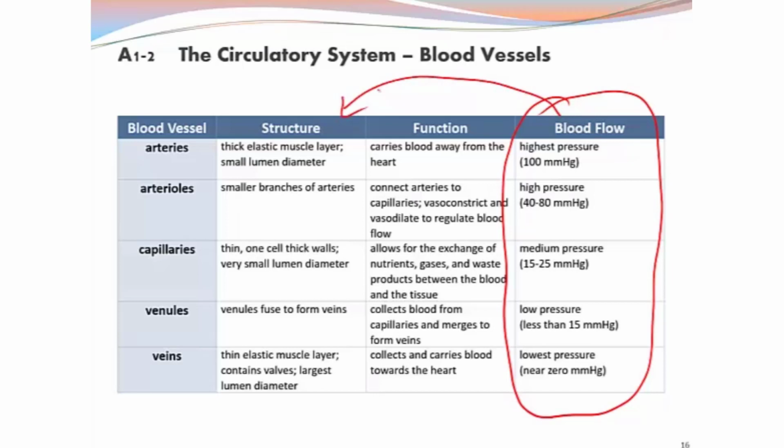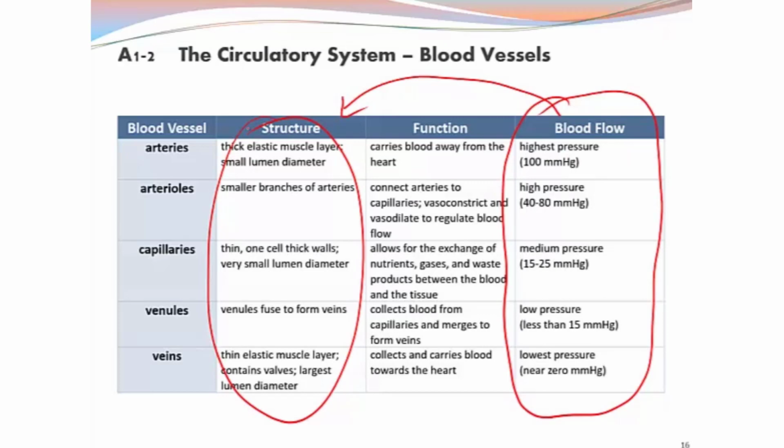Of course, arteries have the highest pressure, taking blood away from the heart. That makes sense that they have a thick, elastic muscle layer. With all that pressure, you would need a thick, elastic muscle layer. Now, as we move away and the pressure gets lower and lower, the actual structure of these blood vessels also changes.